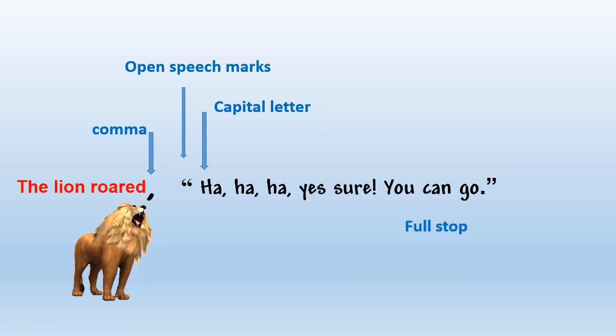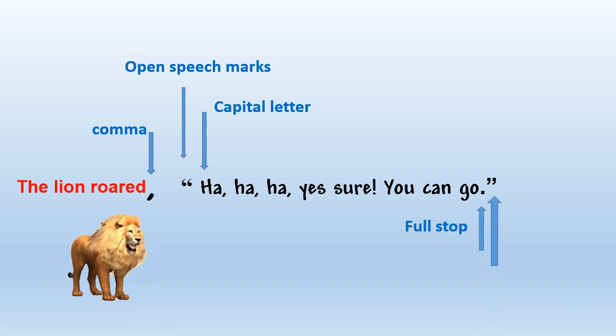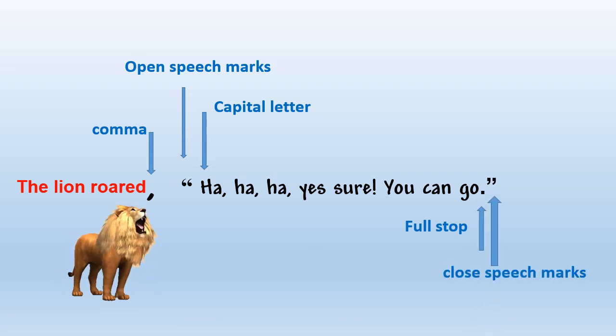And then we must add a full stop at the end of the sentence. We then close our speech marks. So the sentence is correctly punctuated using our speech marks. Remember that all end punctuation goes inside the speech marks.